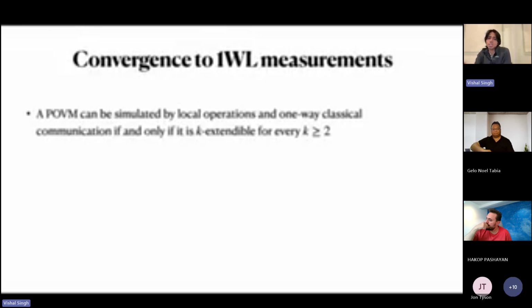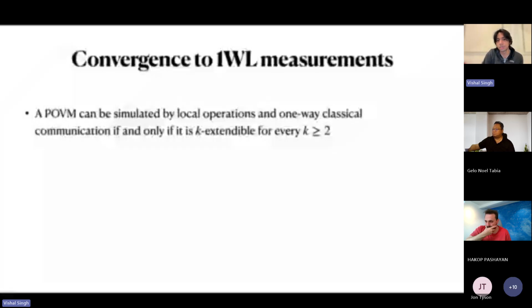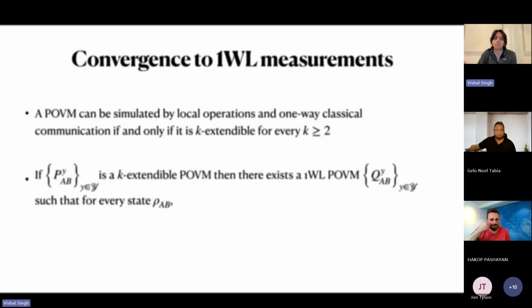Okay, so convergence to one-way LOCC measurements, like I said, the set of k-extendable measurements indeed converges to the set of one-way LOCC measurements. So yeah, that is one way to test if a measurement is one-way LOCC or not. You just find out if it is k-extendable for every k. Of course, we can't do it in practice, but in theory, that is what you can do.